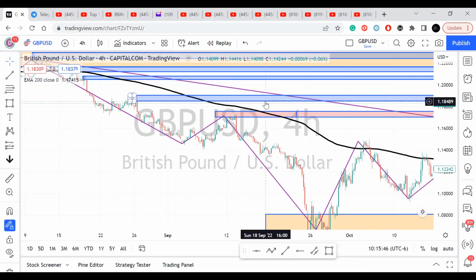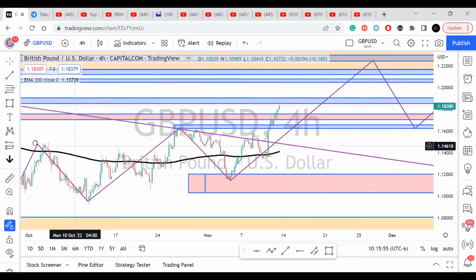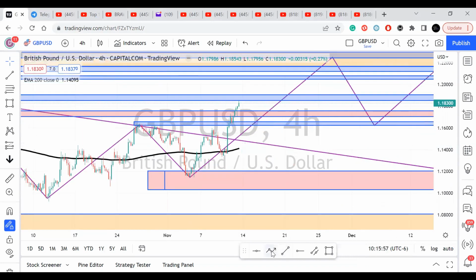I'm expecting price to, price already hit that zone. It's dropping already to retest this. So it's like break and retest. Since price is here already, I'm expecting price to come back to retest this daily, our previous daily low. Then from here, I'm expecting price to come up all the way here. From there, price will come back to retest this zone again.